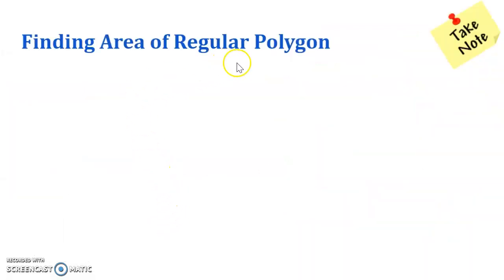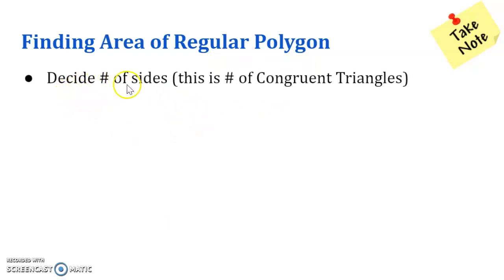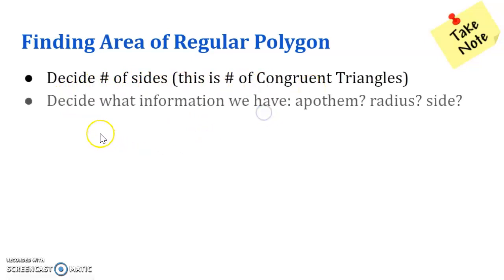Now you're going to be taking notes on the key steps. For finding the area of a regular polygon, you need to first decide on the number of sides. This is the number of congruent triangles that you are going to be forming. Then decide what information you are given. Are you given the apothem, radius, or the side length? Remember, if it's a regular polygon and you just know one of these, then you can figure out the rest.